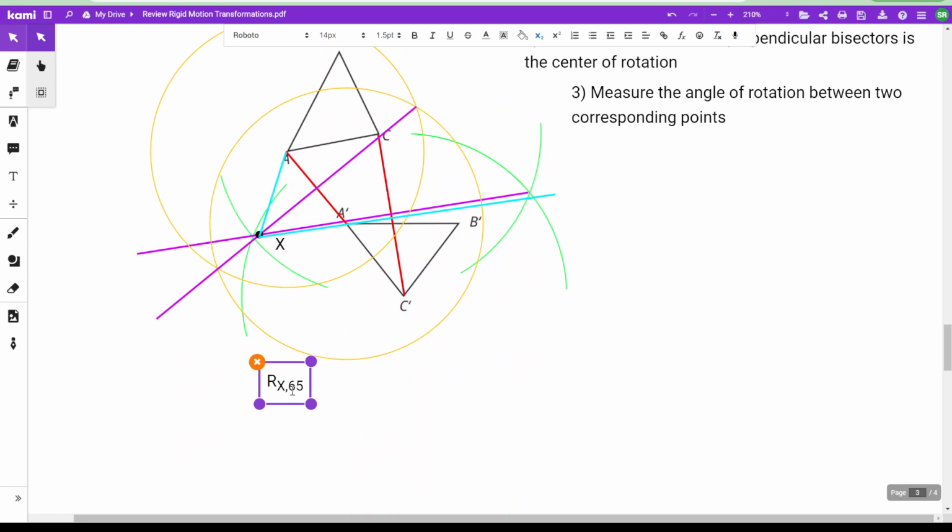See, that's not positive 65, that's a negative 65. Okay. And now, what did we rotate? Well, we rotated ABC. And what was the result of rotating ABC about point X, negative 65 degrees? Well, it was A prime, B prime, C prime. And there's our rotation function.